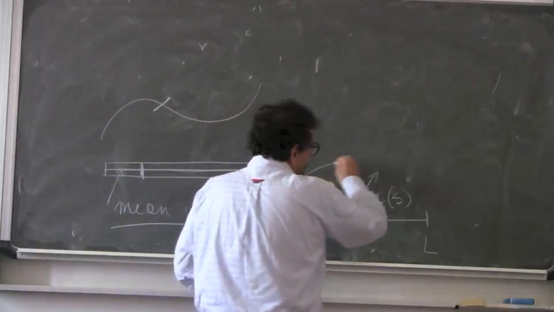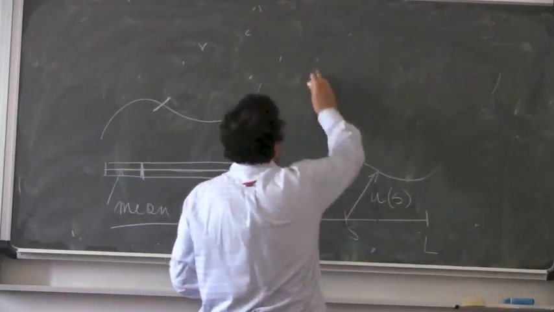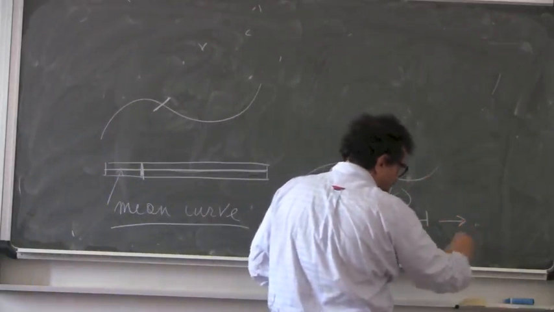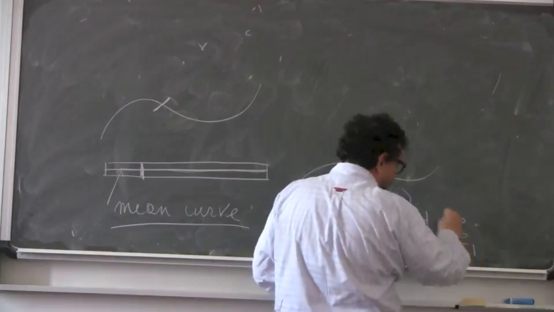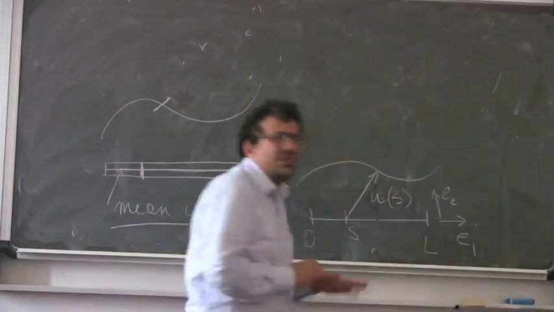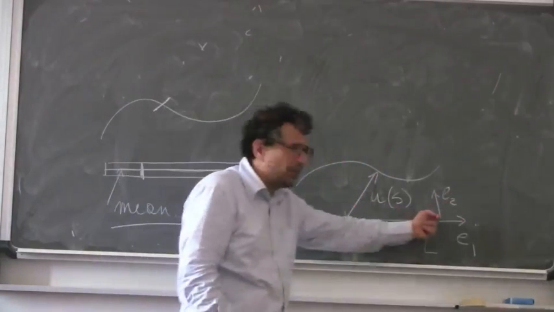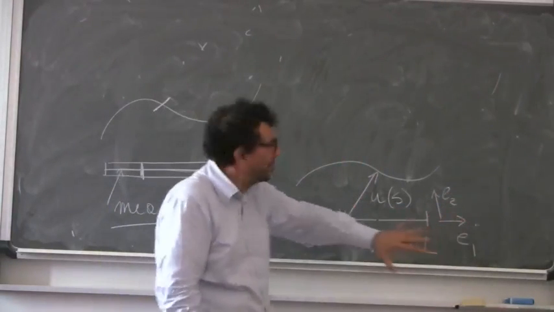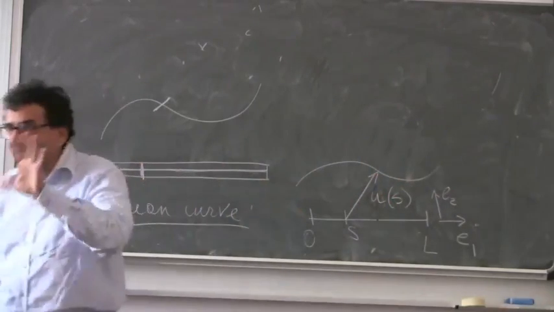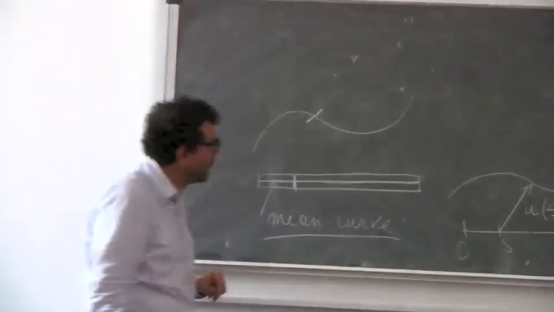So, if this is the vector E1, and this is the vector E2, we don't talk about E3 because we assume that the motion is plane, just for beginning. Okay?